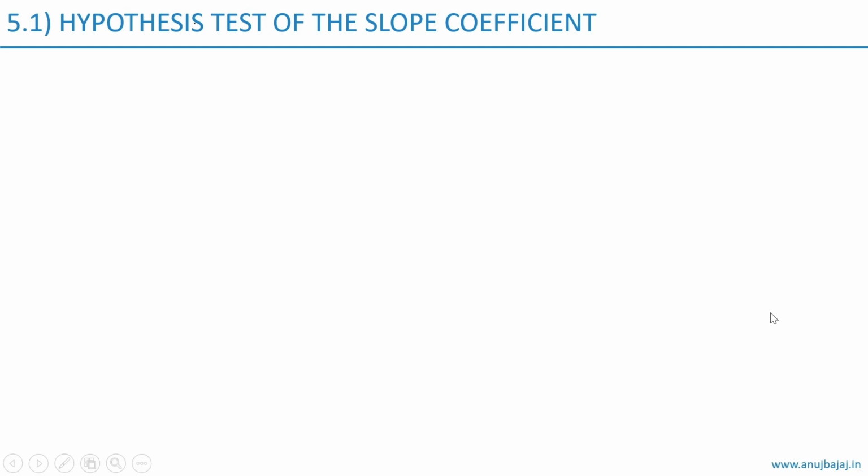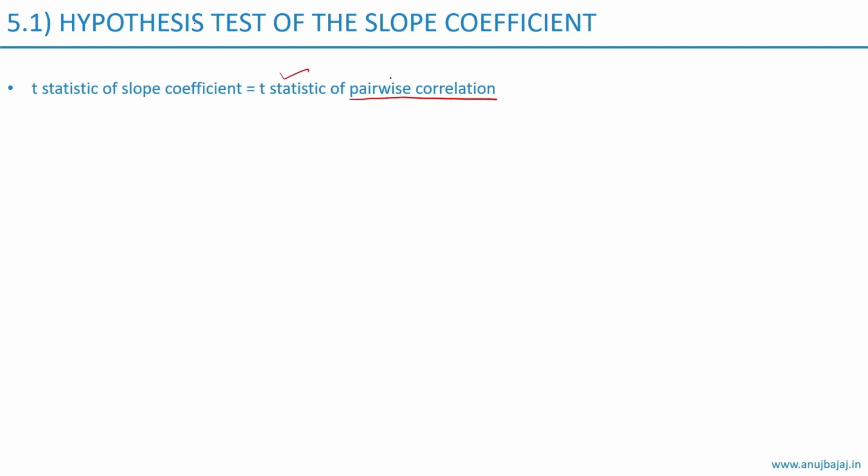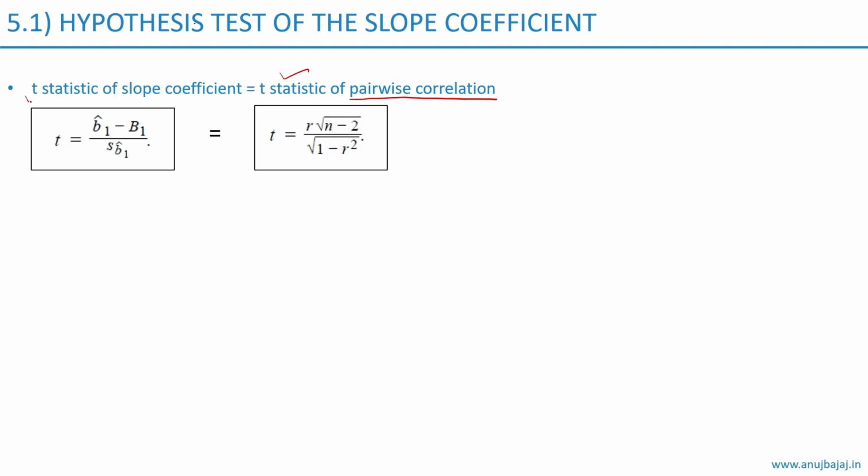There are some important observations about the test statistic of the slope coefficient. The t-statistic of the slope coefficient that we calculate equals the t-statistic of the pairwise correlation. So if you remember the parametric test of the population correlation, the t-statistic of the sample correlation that we calculated equals the t-statistic of the slope coefficient.